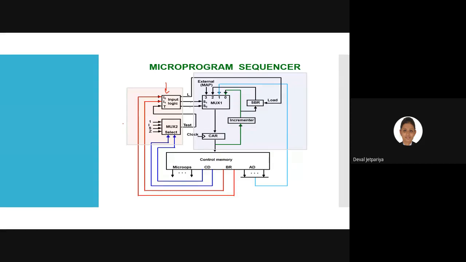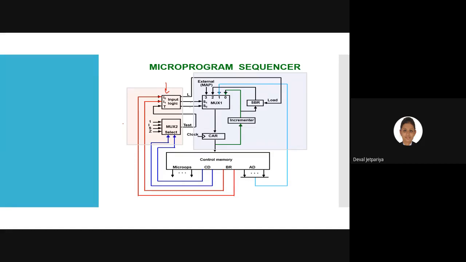Fine. So first of all, what is the purpose behind this microprogram sequencer? See, in this chapter, if you can recall, in this microprogram control unit, we had discussed two things. One is the control memory and one is the circuit which is responsible for generating the next address. So the control memory we had learned.